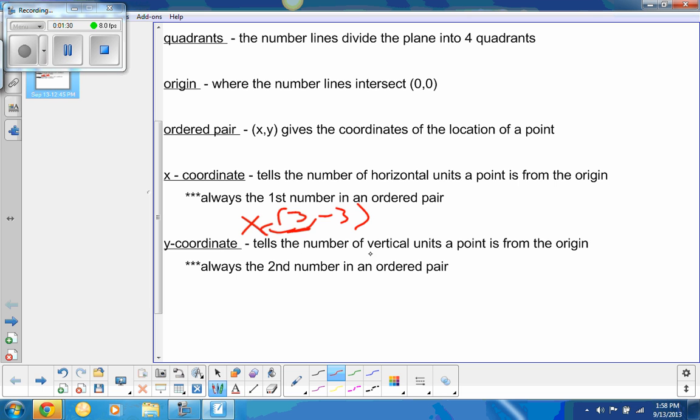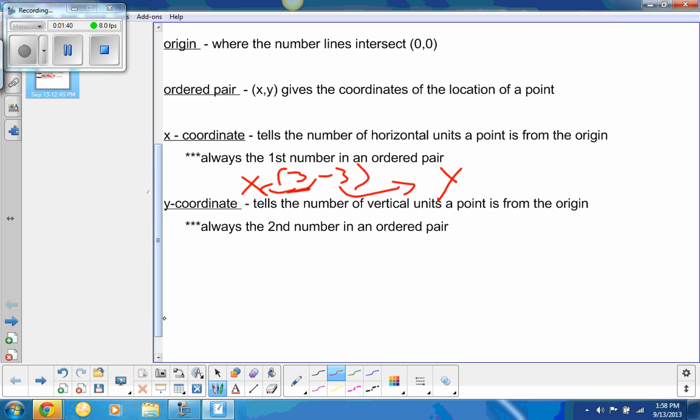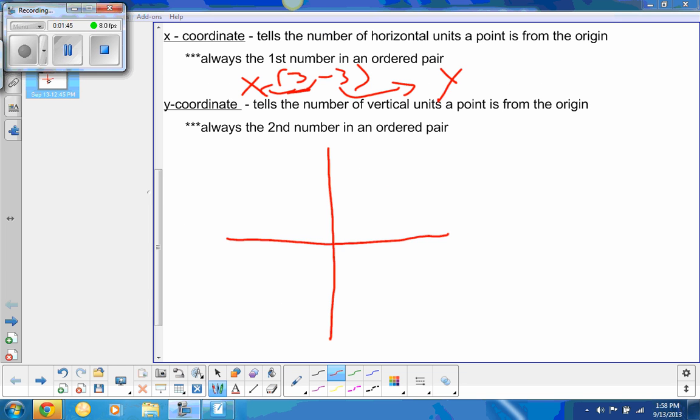The y-coordinate tells the number of vertical units, so up and down a point is from the origin. It's always the second number, so this number right here, the negative 3, would be the y, and that never changes. It's always x, y. X comes before y in the alphabet, so that's how we do it here too.